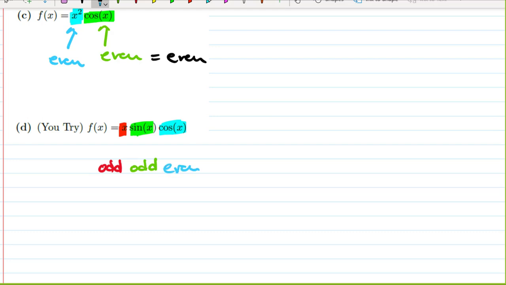So an odd times an odd is an even, and then an even times an even is going to give us even. So we're going to end up with an even function.